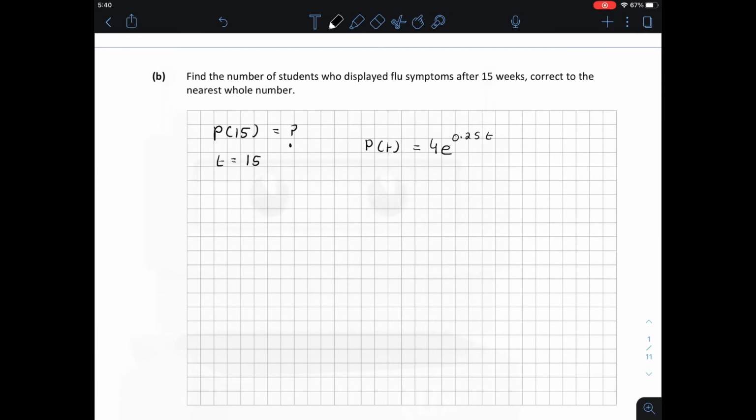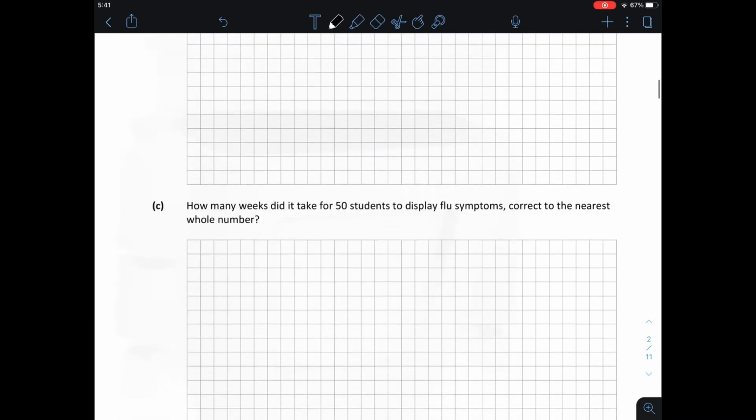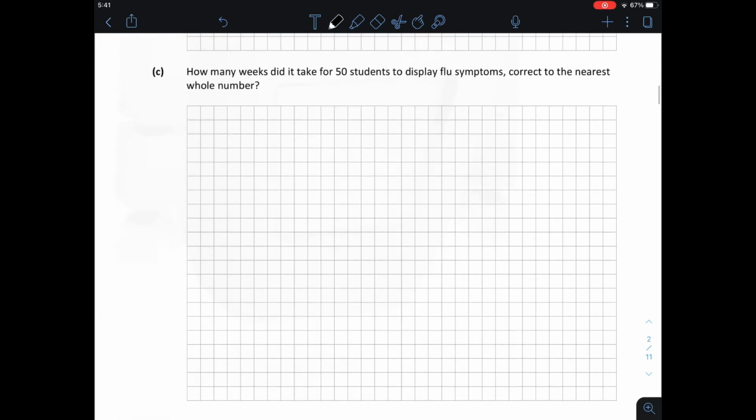From here we're going to substitute in 15 wherever we see t and solve for our unknown population. This gives us P(15), the population when the time is 15, equals 4e to the power of 0.25 all times 15. Just substituting our values into our calculator gives us 170 students. So that's correct to the nearest whole number.